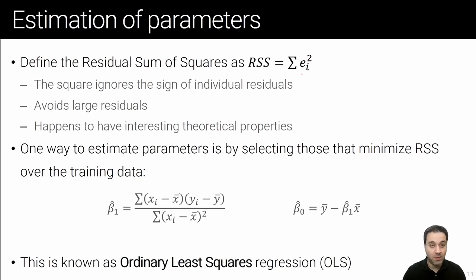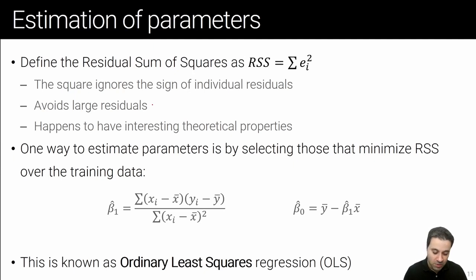And so whether we have a positive or negative residual, still we are accounting for how much the model is mistaken when making a prediction. So what's the distance between the true value and the estimated value? And so the square allows us to ignore the residual sign, whether it's positive or negative. We are only interested in the amount of error.